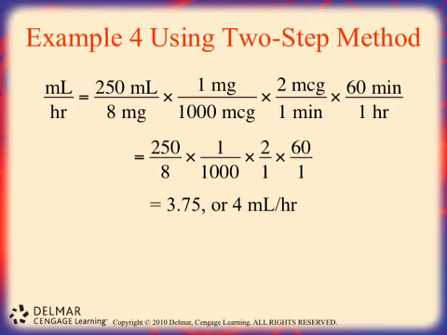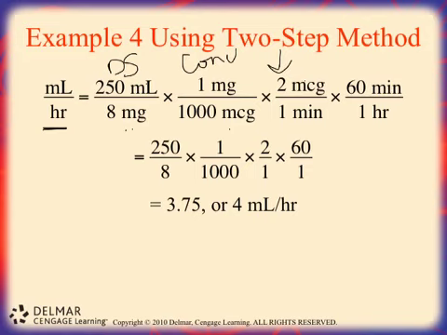So in this example, we're still using our dimensional analysis. We're starting with our low end right here, because it was 2 to 4 micrograms. So we're going to set it up the same way. We've got our milliliters per hour that we want to end up with. Here's our dosage strength, 8 milligrams in 250 milliliters. Here's our first conversion step, because we're converting milligrams to micrograms. So you've got 1 milligram is equal to 1,000 micrograms.